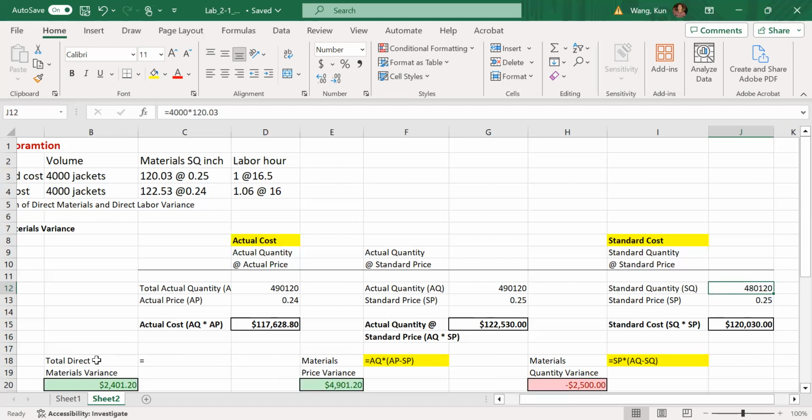But we still couldn't separate how much this variance is caused by pricing and how much is caused by quantities. That's why in the middle, we manually create an item. So this item is really not meaningful. There is really no representation of this data in the real accounting system. It's something we mix, the total actual quantity, be careful, the total actual quantity, and then the standard pricing.